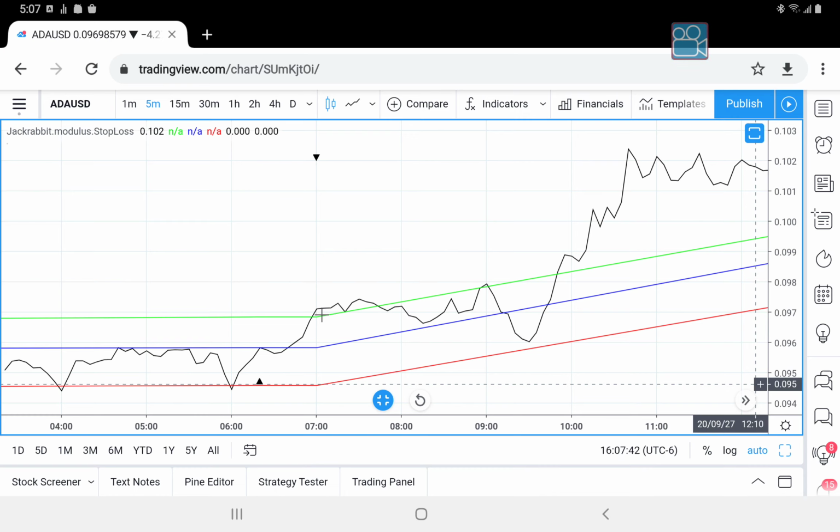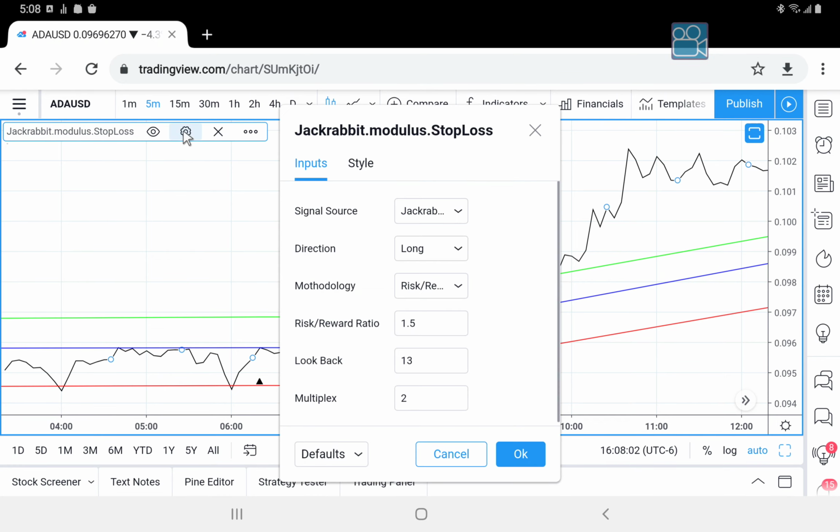The green line is the profit boundary. The basis of this algorithm is the blue line to the red line is always a 1-to-1 ratio. The blue line to the green line by default is a 1-to-1.5 ratio.